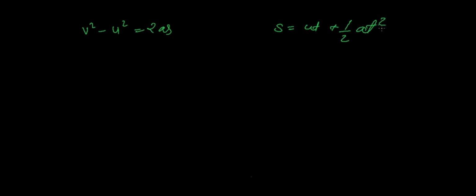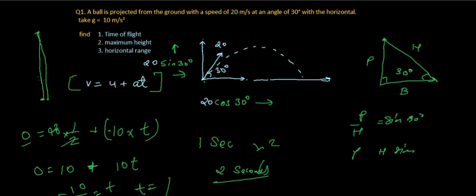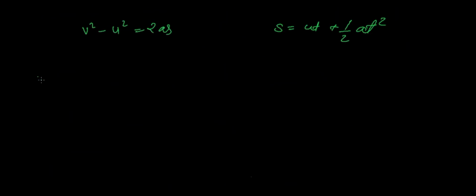Okay, so we will use this formula first. V square, the final velocity at the height h would be 0, and the initial velocity in the vertical direction would be 20 sine 30 degree, and 2ah, 2 times gravity times h.